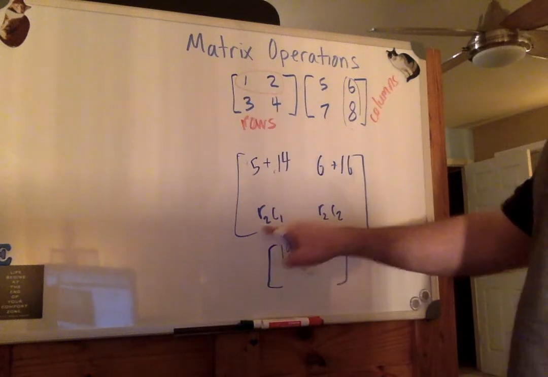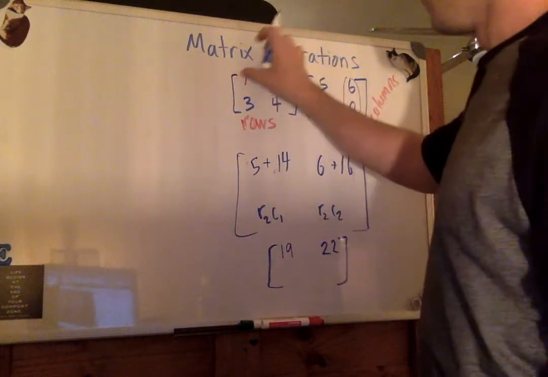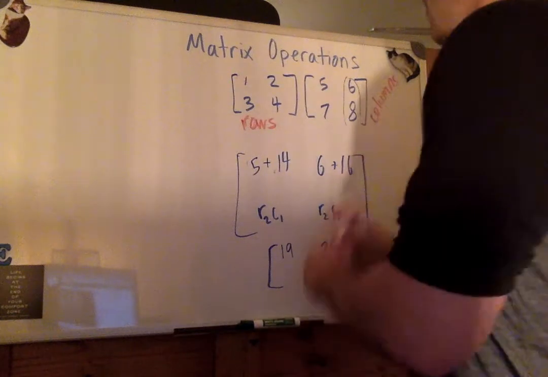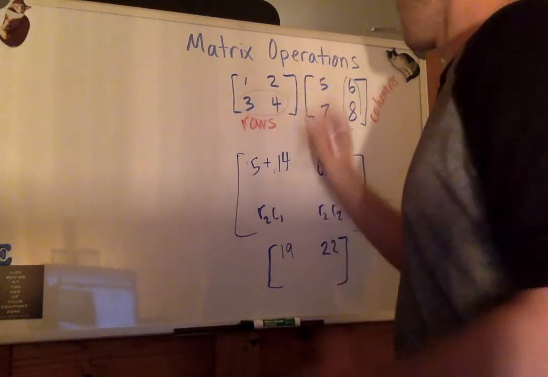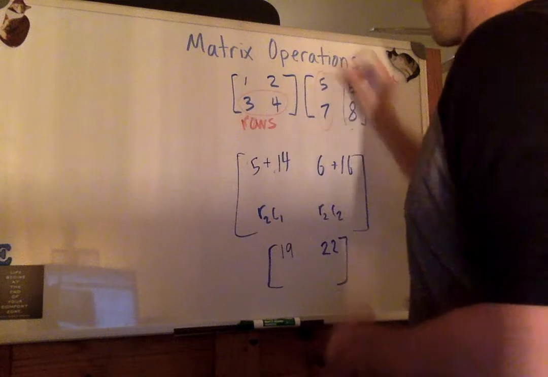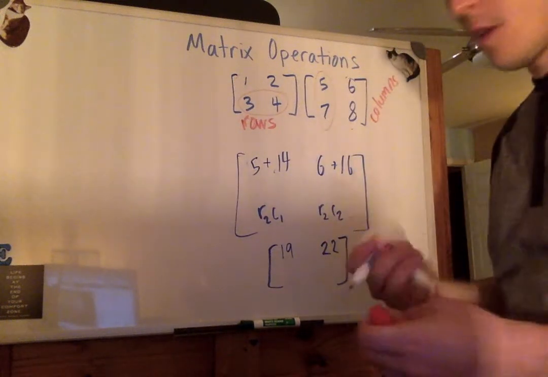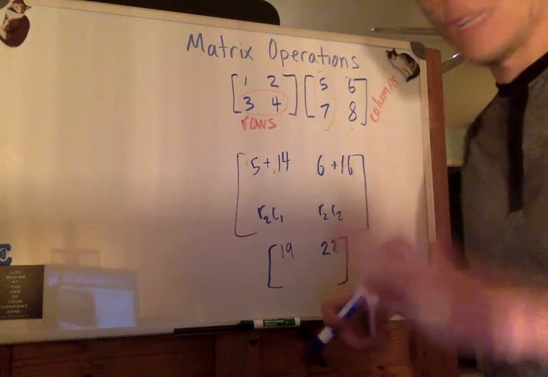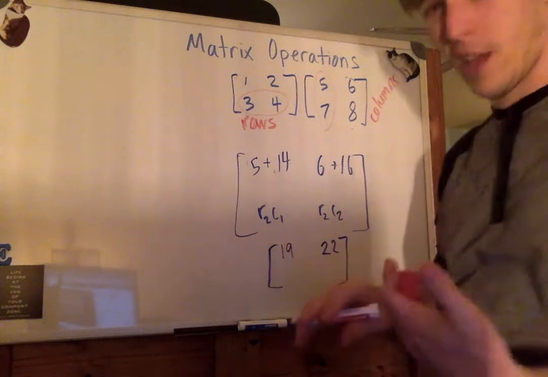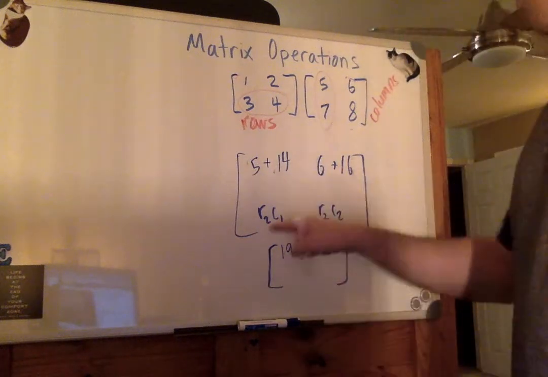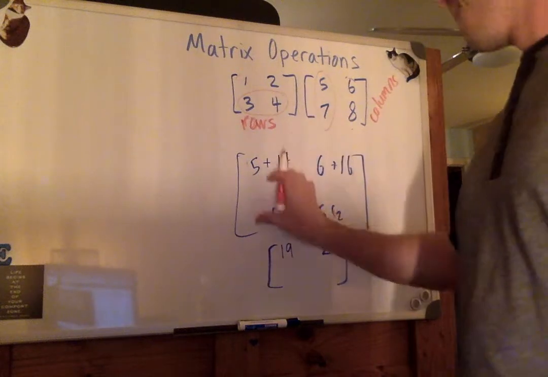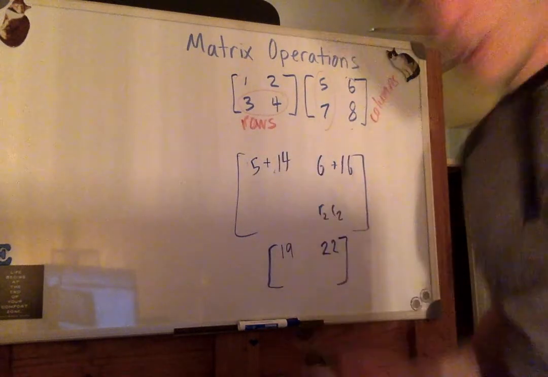Bottom left, this is row 2, column 1. So I'm going to use row 2 down here, and I'm back over here to column 1. I'm doing my best to move slowly, but you will need to pause and rewind, and that's okay. Matrix multiplication scares a lot of people. Row 2, column 1, so 3 times 5. I'm going to start doing these in my head.